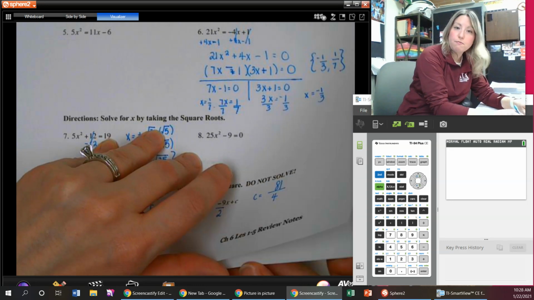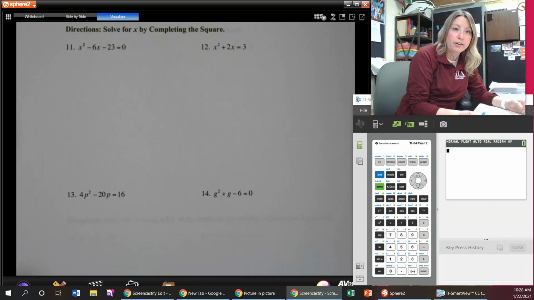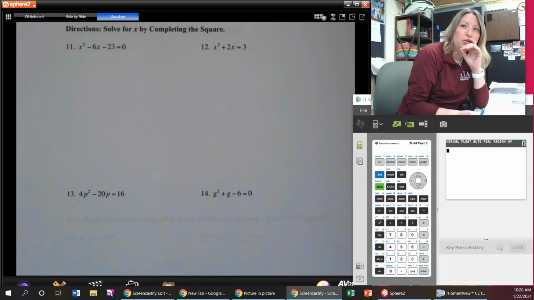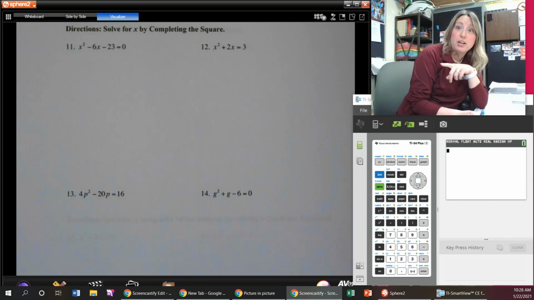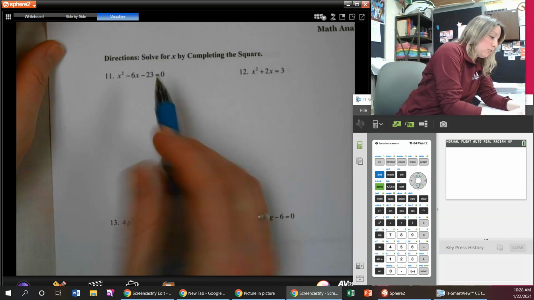Continuing, if we were finding C terms here, that means we must be completing the square soon. So I will complete the square on, let's see, I did not put anything like these down here on the quiz, so let's do number 11 because I have an even number as my B term.